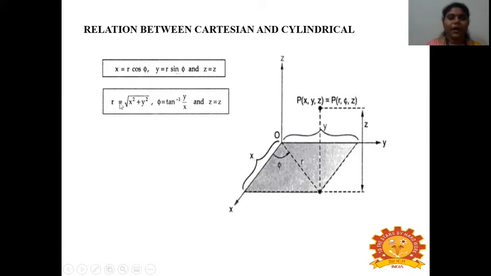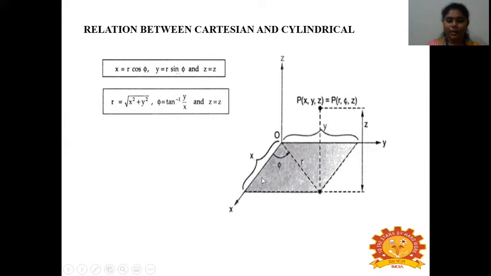Then next, if we have the cylindrical coordinate system and we have to convert into a Cartesian coordinate system, the formula will be r is equal to root of x square plus y square, and phi can be calculated as tan inverse of y by x, and z will be equal to z.